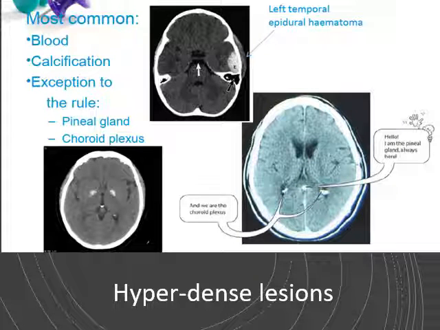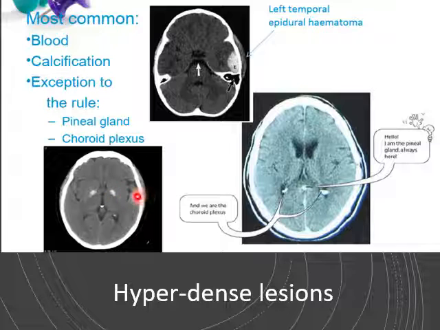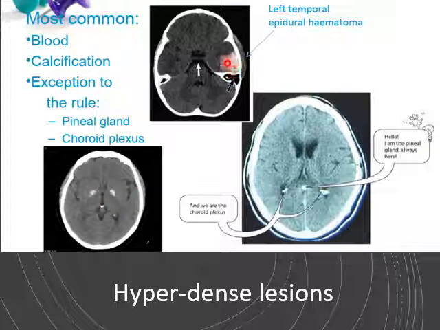Hyperdense lesions that may present in the CT scan may be blood, like this, or may be calcification. Calcification, so you look, the density is nearly similar to the bone. There is a difference between blood and the bone. Bone or calcium are brighter than blood. And there is normal and abnormal calcification.